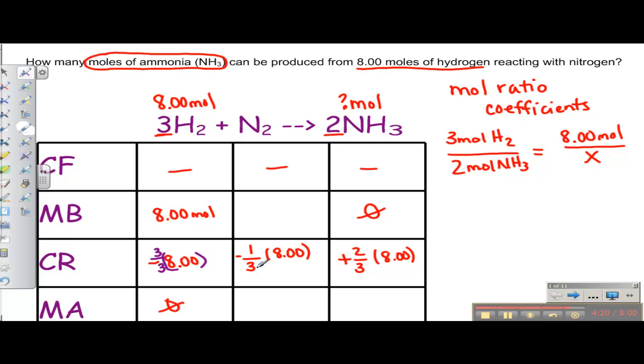Notice that there's 3's on the bottom because 3 is what we're given, and then 3, 1, 2 are the coefficients from the top. So we do the math here, and we don't ever leave this as a fraction, and we get 5.33 moles of ammonia, and we're going to put that in a complete sentence: 5.33 moles of ammonia are produced from 8 moles of hydrogen.